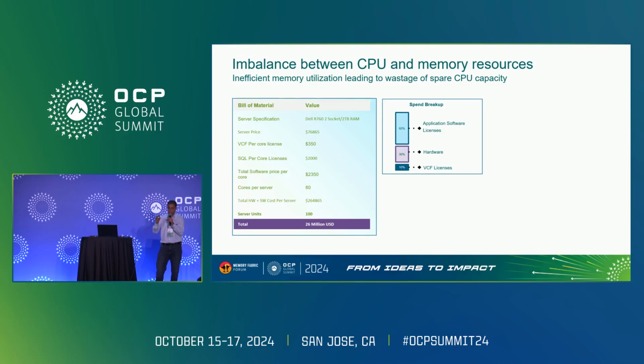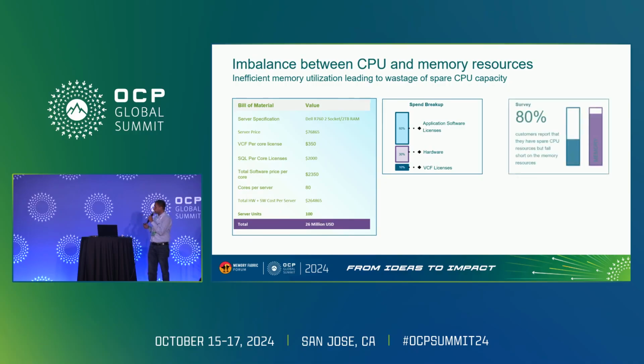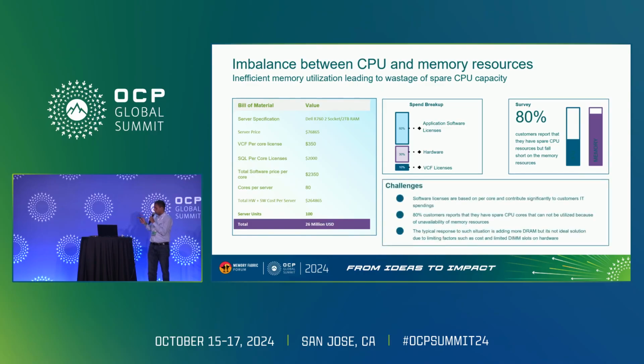It costs maybe 20% of the overall cost of DRAM. But we are not just talking about that. We are also talking about the software licensing costs that we can save. This is what I was illustrating with CPU savings.